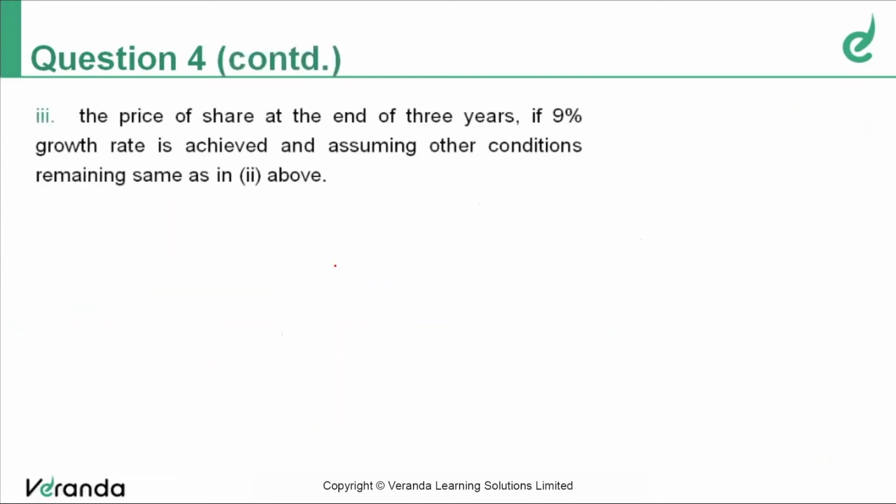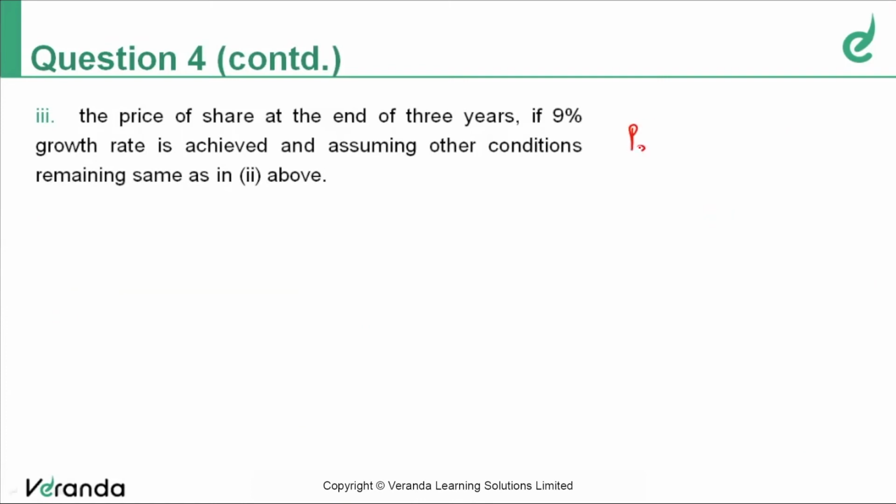Now, the next part of the question: the price of the share at the end of 3 years, if 9% growth is achieved, assuming other conditions remain the same as in 2 above. So they are asking what the price is at the end of the third year.